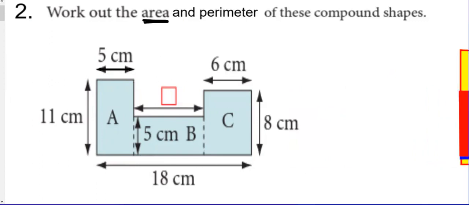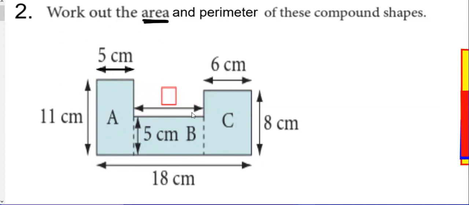But in some other questions, they don't divide the shape for you. You need to divide the shape yourself. After dividing the shape, let us go ahead and find the area of each shape.